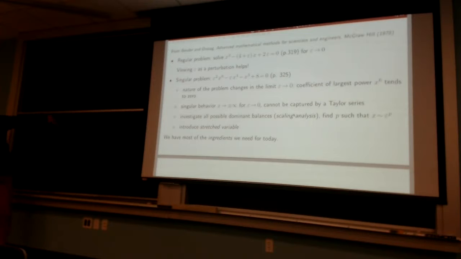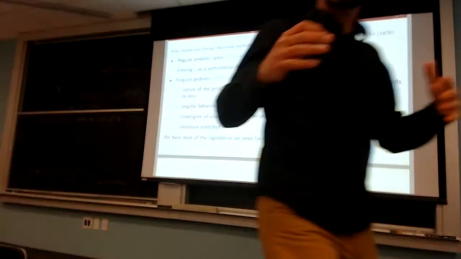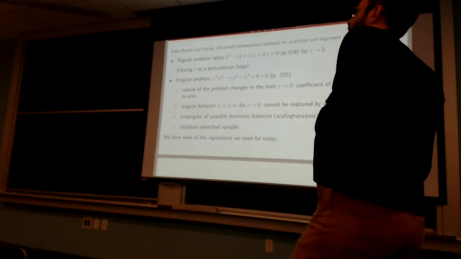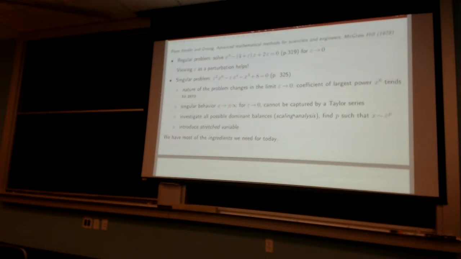You just insert into the original equation, and what you find is that for x bar, you have a regular problem now. So just by switching to this variable, after we have identified the type of divergence, we managed to remove the singularity and turn our singular problem into a regular problem.